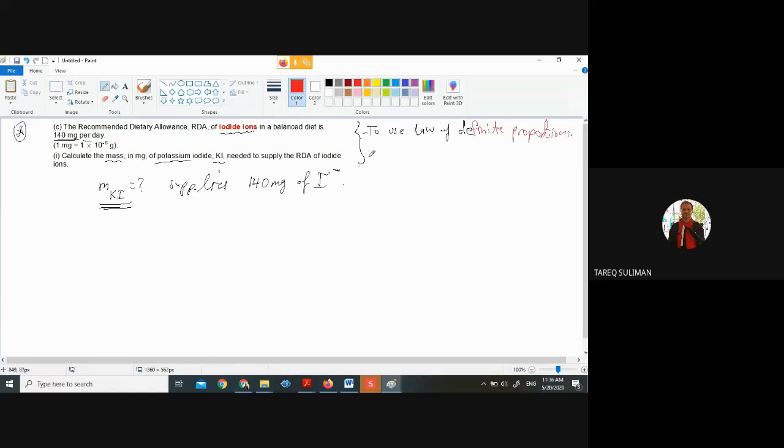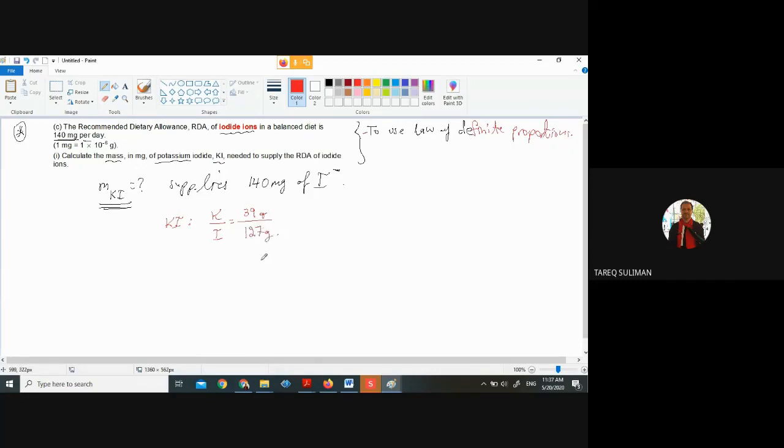Last year you studied this in KI. What is the ratio between K and I? Every ratio by mass, every 1 K combines with one I atom. In terms of mass, the mass of K is what? 1 mole of K is 39 gram, and 1 mole of I is almost 127 grams.